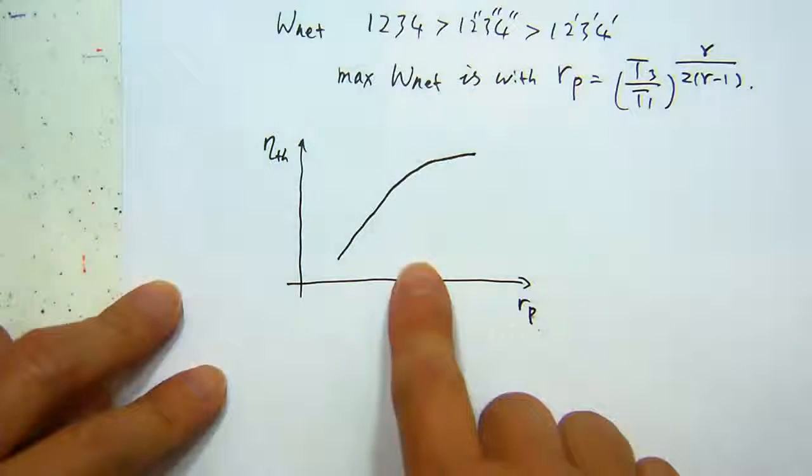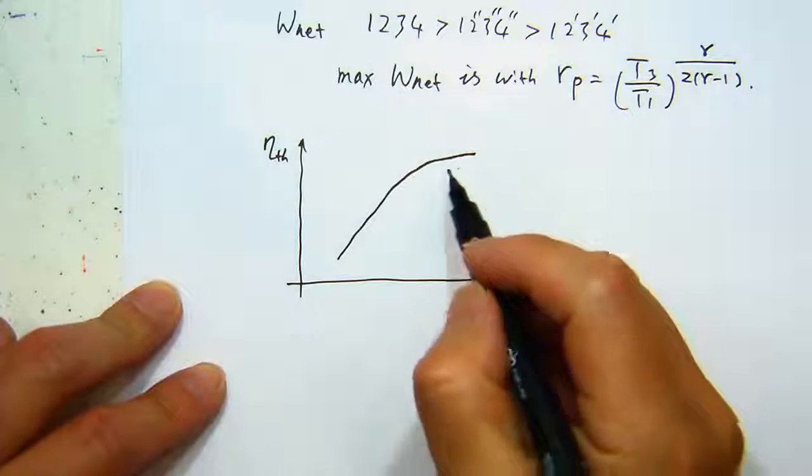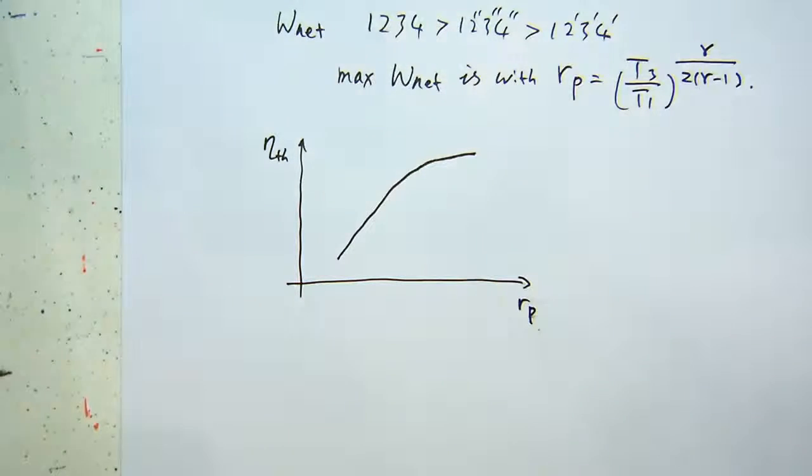If the pressure ratio is really low, as you increase the pressure ratio, you can gain efficiency quite a bit. But when the pressure ratio is really high, it kind of levels off. So the gain is called diminishing return.